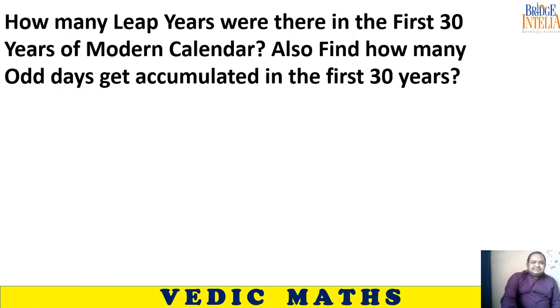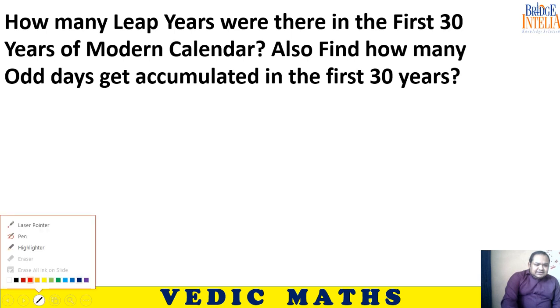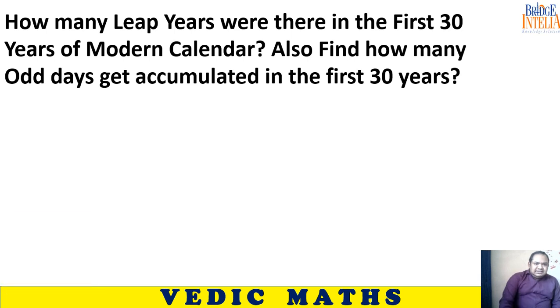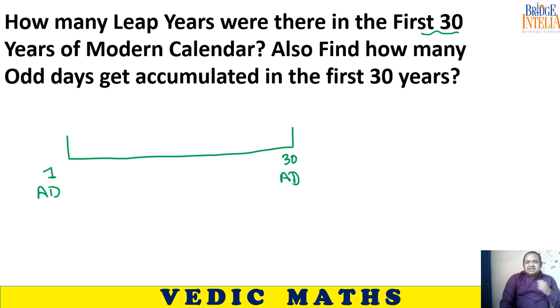Now let's solve this. How many leap years were there in the first 30 years of the modern calendar? First 30 years means between 1 AD and 30 AD, the first 30 years of the human calendar. So how many leap years were there?